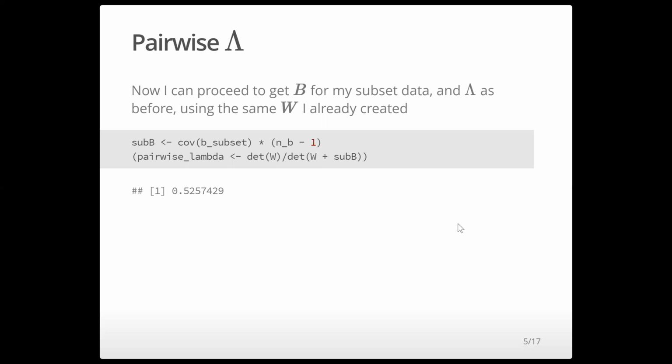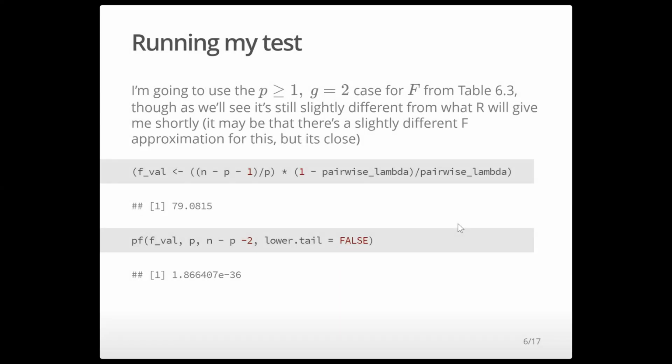So I get my B matrix, and then I plug that into my lambda calculation, which is just the ratio of the determinant of W to the determinant of W plus B, and that gives me my lambda statistic. For this test, I have to decide which F approximation I'm going to use. Here I'm going to use the p greater than 1, g equals 2 case from table 6.3, because I have two groups.